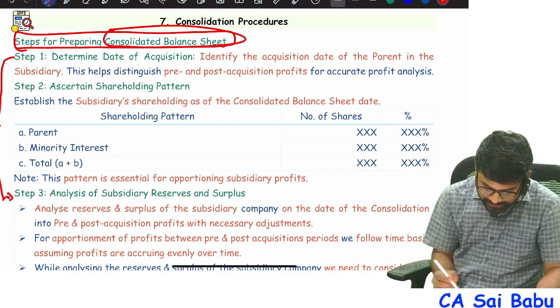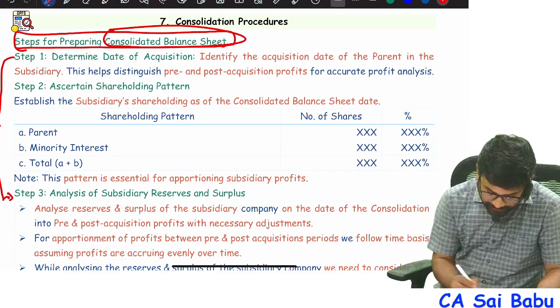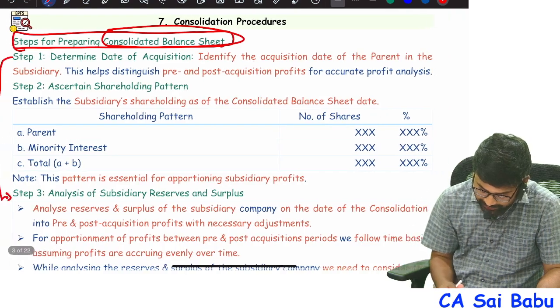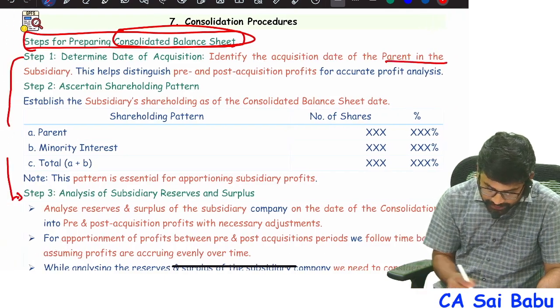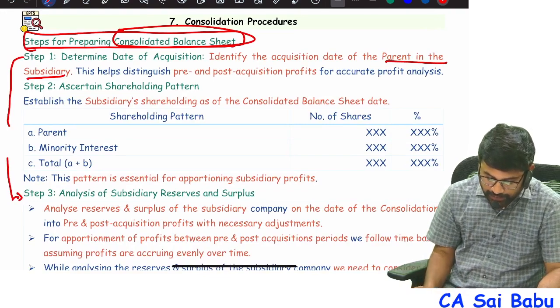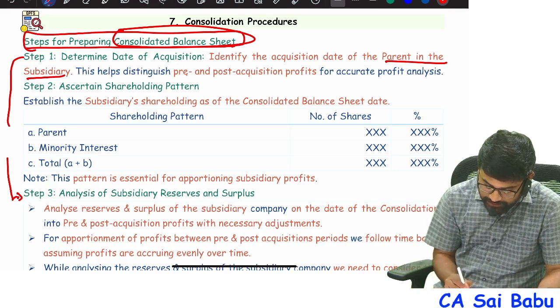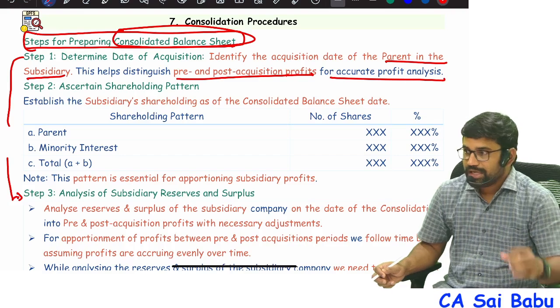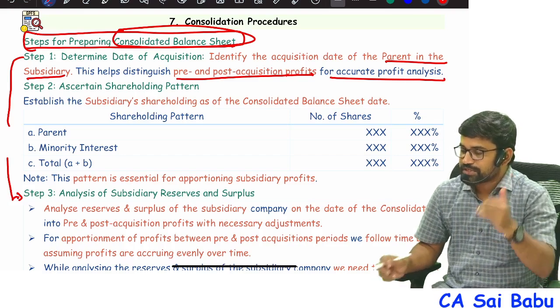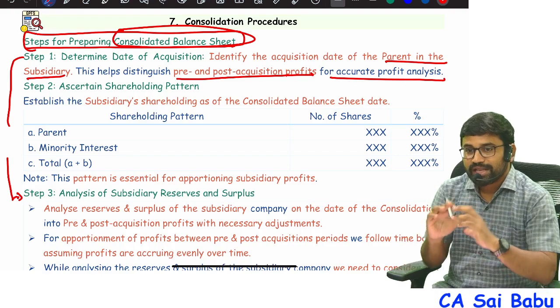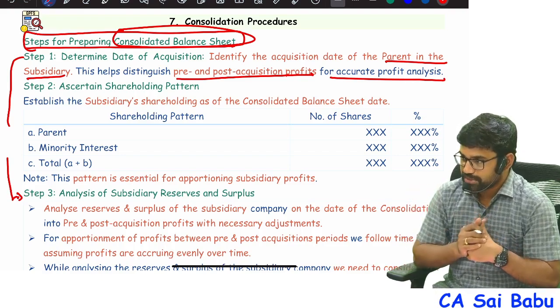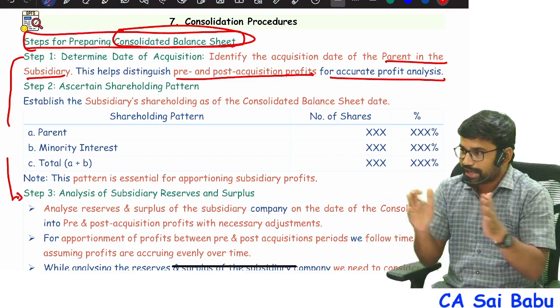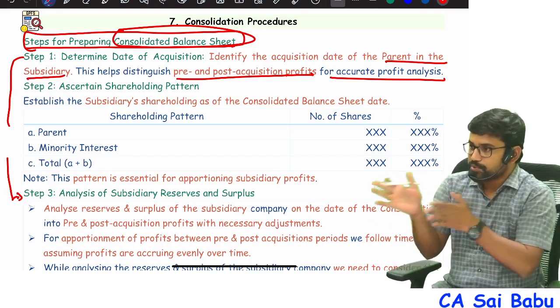As I told you, each step is logical and interlinked with another step. So the first step is identify the acquisition date of the parent in the subsidiary company. The main object of determination of date of acquisition is, this helps distinguish pre and post acquisition profits for accurate profit analysis. At the time of consolidation, we need to analyze the subsidiary company reserves and surplus into 2 categories: pre-acquisition, post-acquisition.